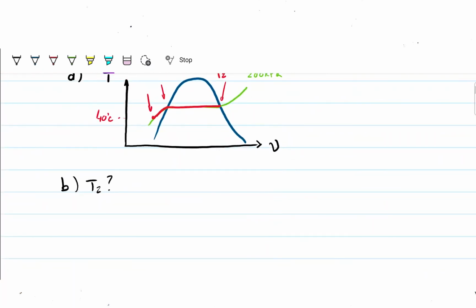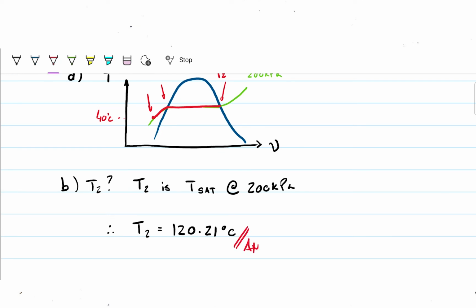So in other words, part B, T2 is Tsat at 200 kilopascals. So therefore my T2 equals 120.21 degrees Celsius. And that is my answer for part B.